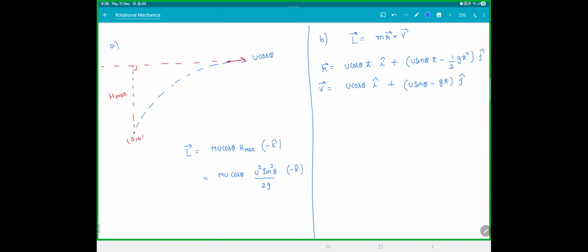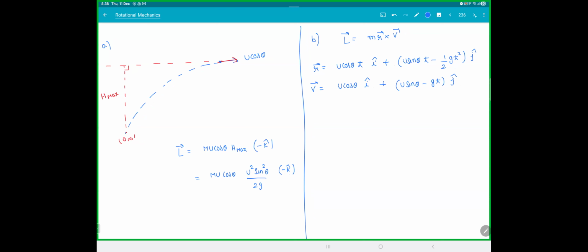This is one way. Then give me the final answer. You have to do the cross product. Yes, it's lengthy, but you will get it. So this would be m r cross v bar.